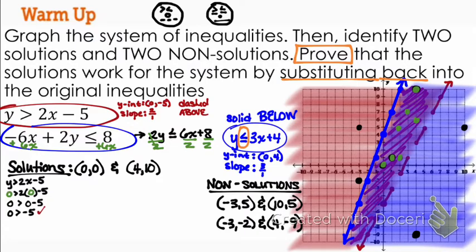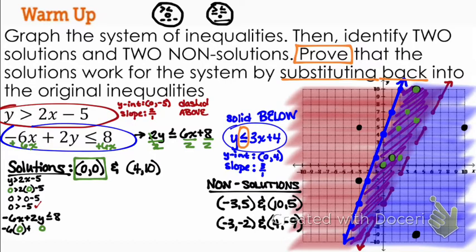All right. We have to test it in the other inequality to make sure that it works for the system. My other inequality was negative 6x plus 2y is less than or equal to 8. What are we putting in for x and for y? Which point are we testing again? 0, 0. So 0 in for x, 0 in for y.